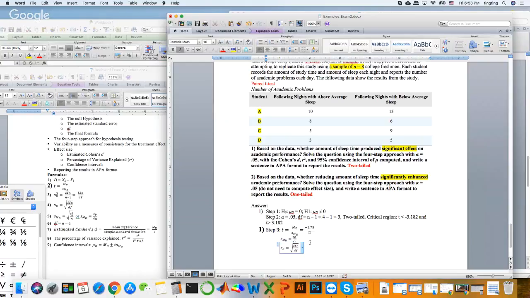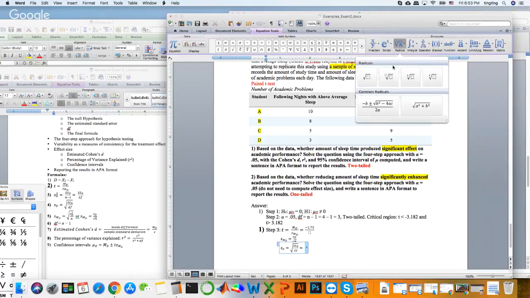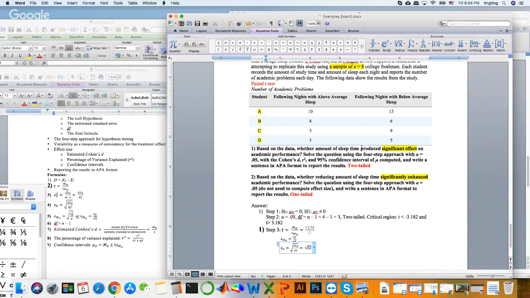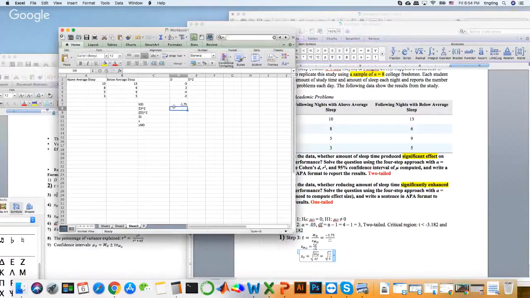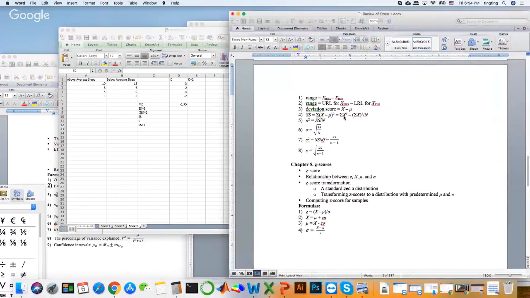So let's go back to compute the SSD. Degrees of freedom equals 3. Compute SSD. Where's my table? Same thing. The SSD equals, also use this formula.